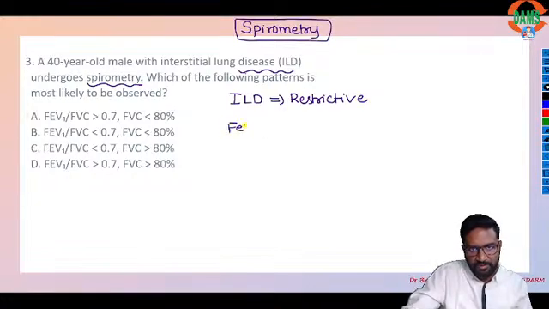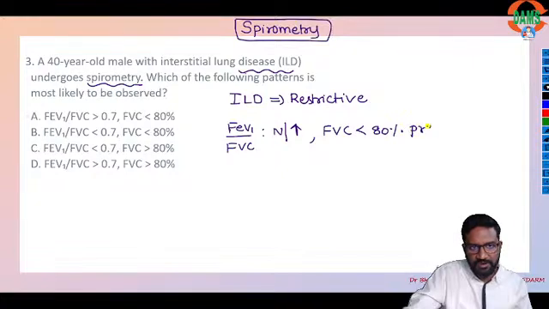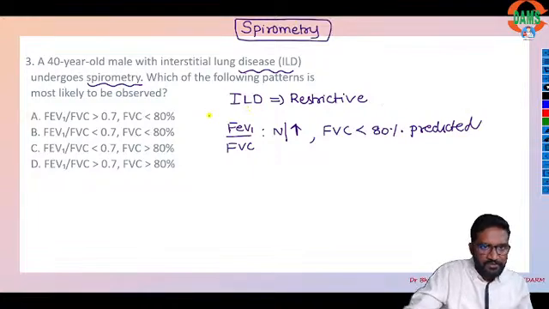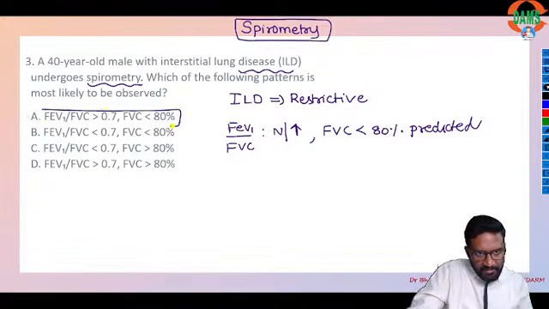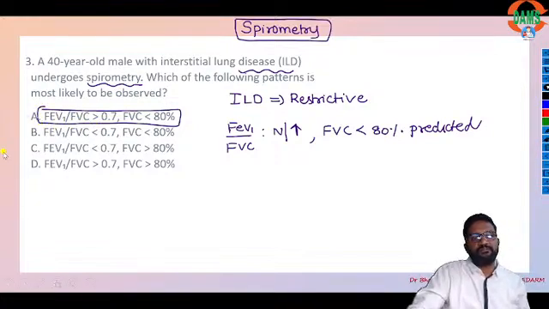So the ratio FEV1 by FVC should be normal or increased, whereas it is a small lung, FVC should be less than 80% of predicted. So if you notice here, the best answer is the ratio is elevated but FVC is reduced. This will be the best answer.